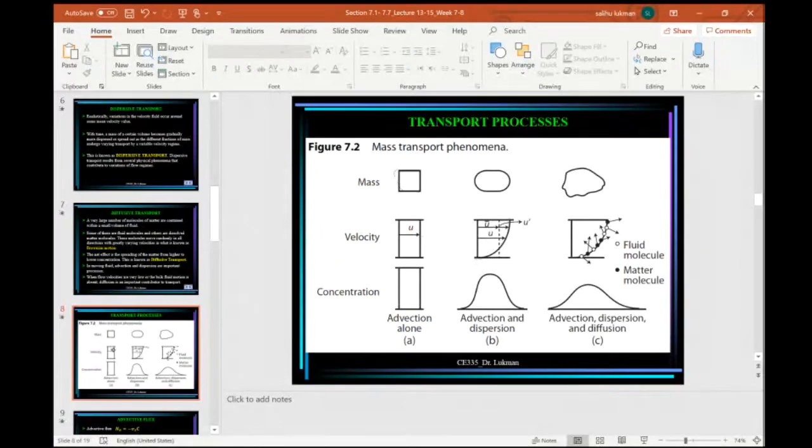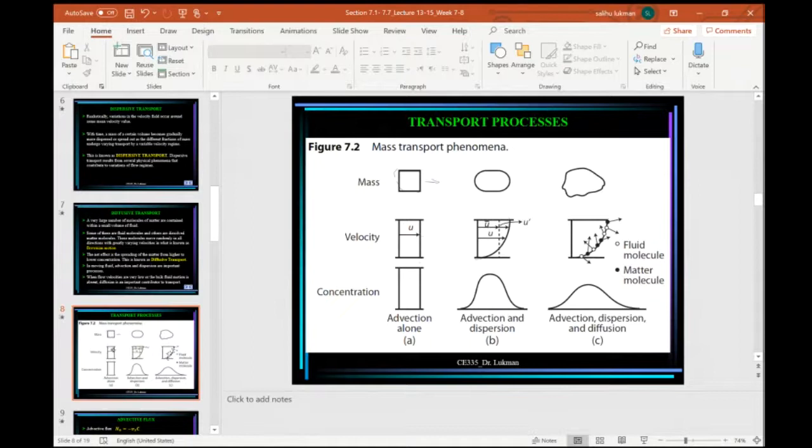But when you include dispersion, dispersion will take care of the variation in velocity. Dispersion is mainly caused by the velocity gradient. The velocity gradient is what makes part of the mass travel faster than the other, so it will become something like this. The shape will change over time.